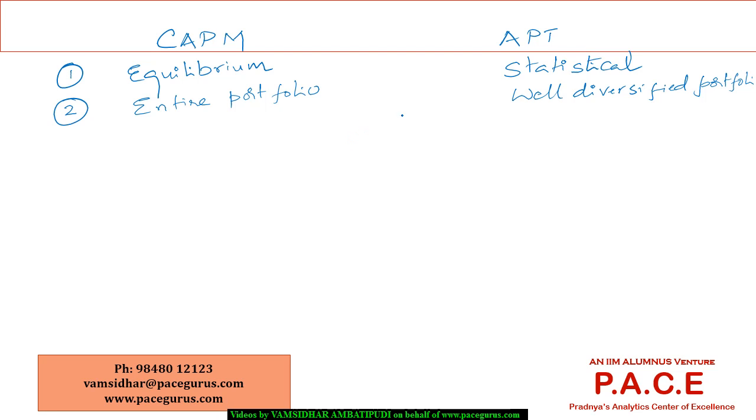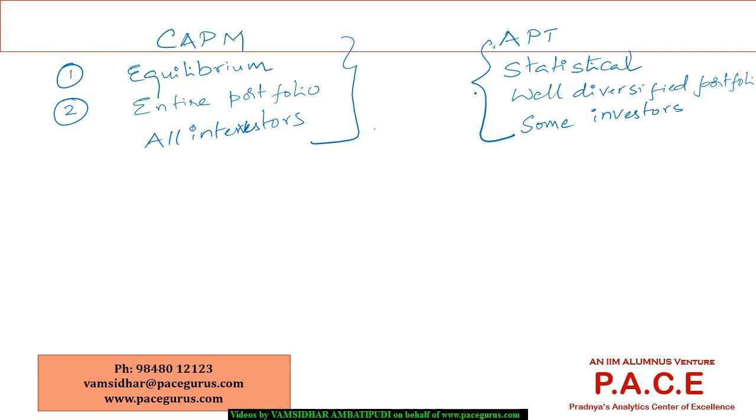If there is some kind of mispricing, it is possible that some investors make buy and sell decisions and get a fair price, whereas in CAPM all the investors have to make the buying and selling. So theoretically CAPM looks more difficult to implement, whereas APT has a practical implementation that is very much feasible.